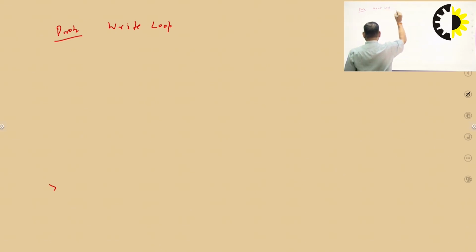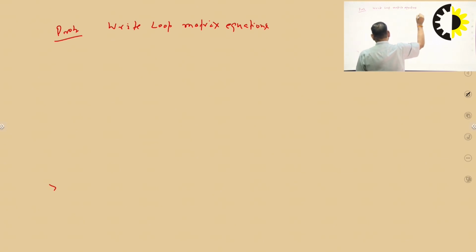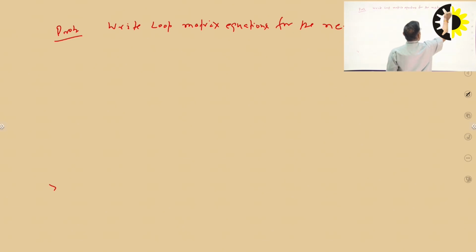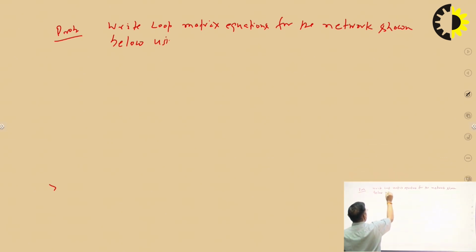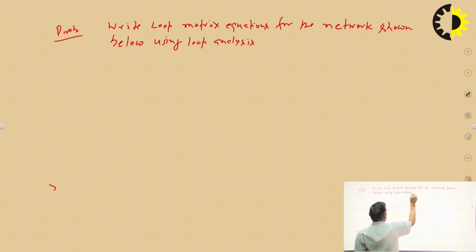Suppose a problem is given. Problem: write loop matrix equations for the network shown below, using loop analysis in graph theory.